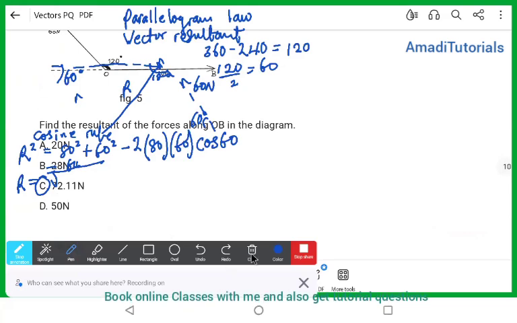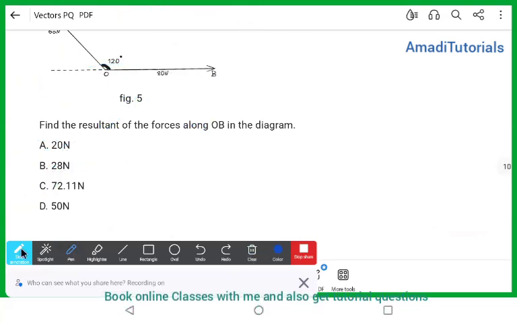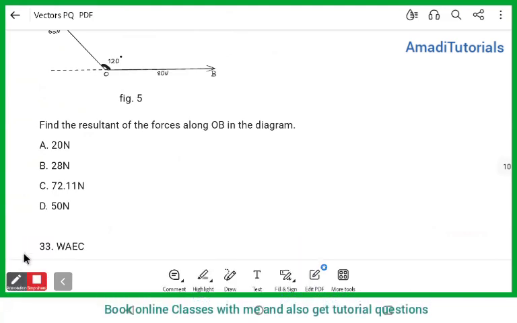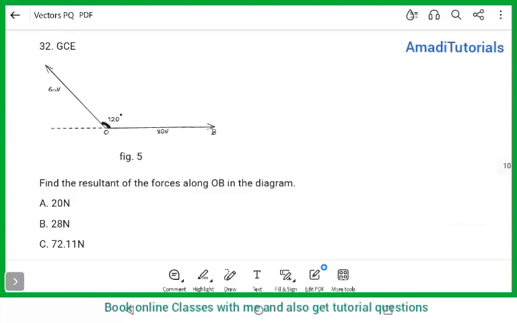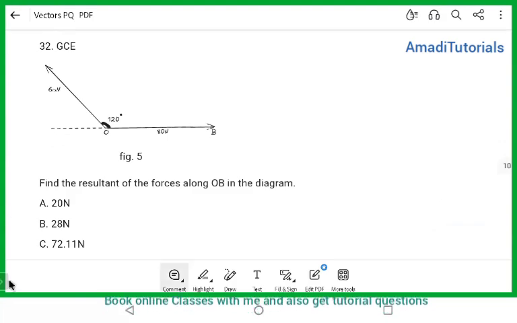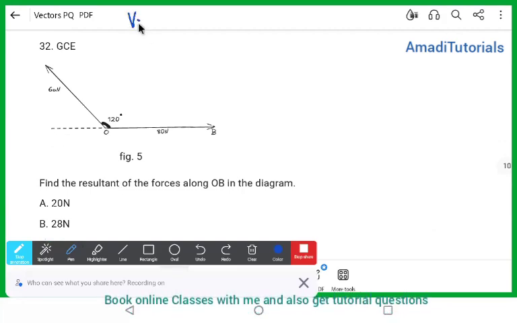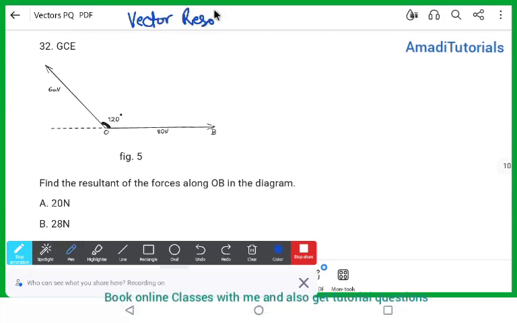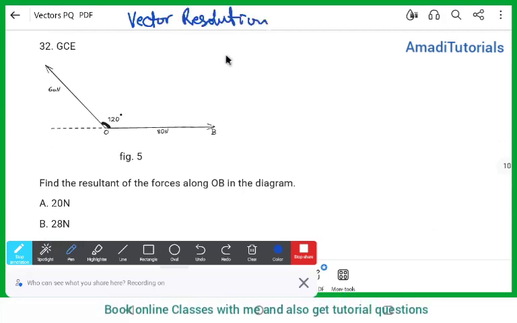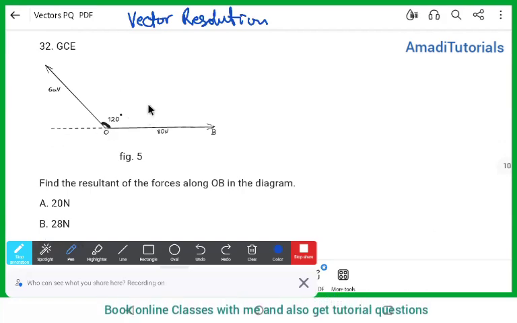So let's use vector resolution to solve this one now. Using vector resolution, which is the one I prefer, the easier one, we are going to resolve the vectors into their components.